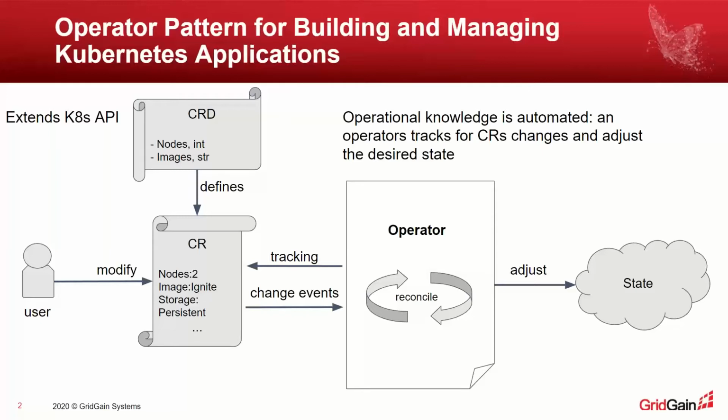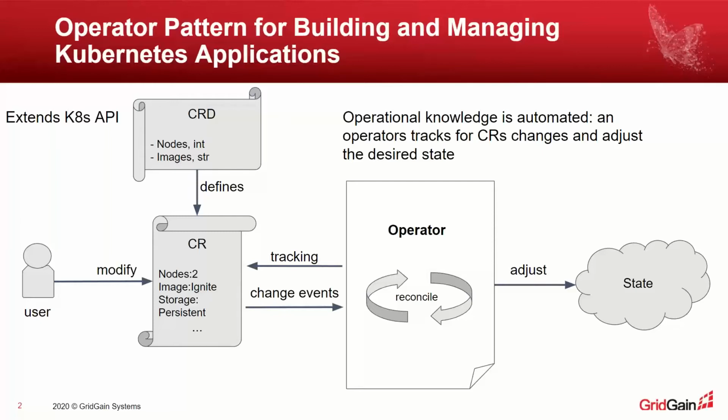I'd also like to mention that the operator pattern doesn't bring anything new to Kubernetes. It instead just leverages existing APIs and extends them with the notion of custom resources. And these custom resources are created with so-called CRDs, or custom resource definition files, and these files just describe the structure of your custom resource.